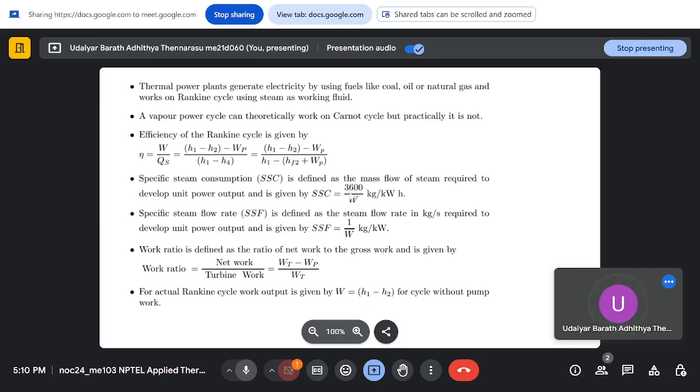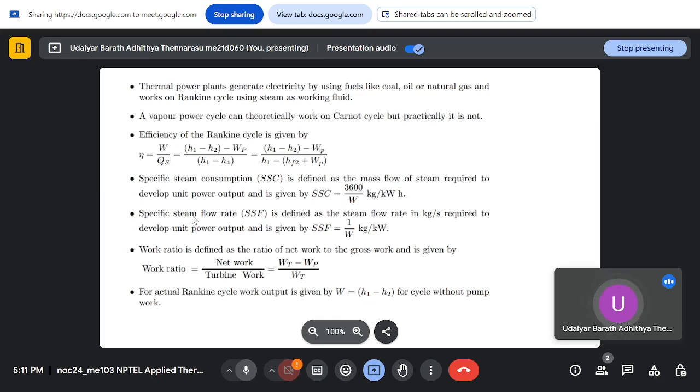So 3600 to convert into hours, divided by work. Basically, your specific steam consumption is, for getting 1 kilowatt of power, how much mass has to be supplied. So it is 1 by W. Here, converting from seconds to hours, you are multiplying by 3600.